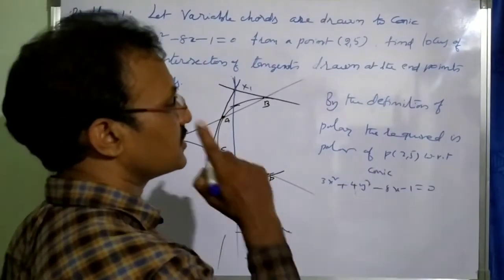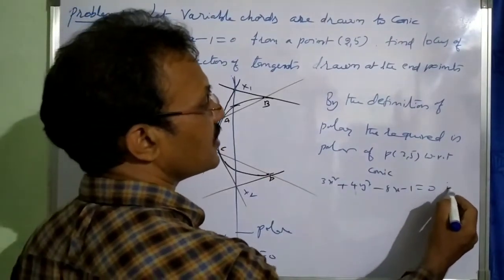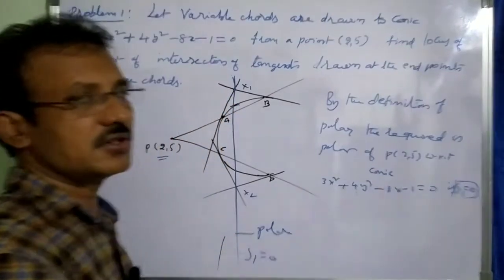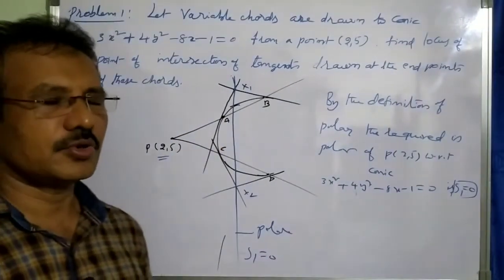It is with respect to the conic S = 0, the conic equation, and S1 = 0 is the polar equation.